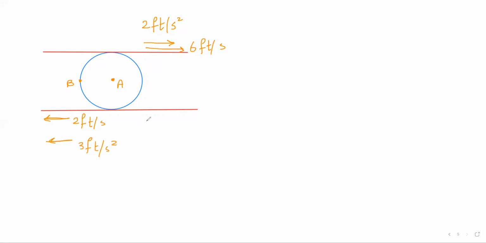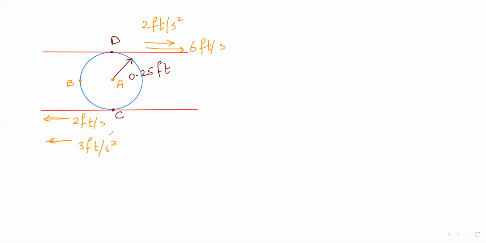Got it? You have to tell me if the radius is 0.25 feet, and if this point is my point D, and this point is point C, there is no slippage.